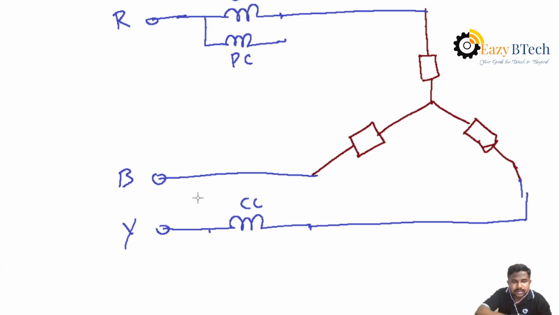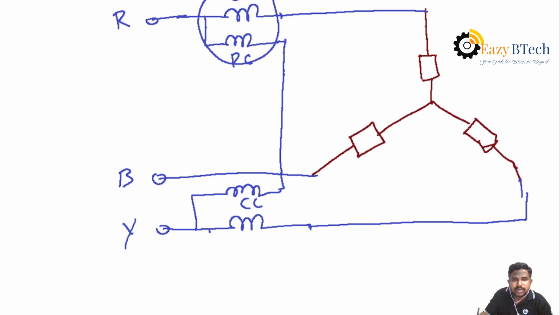That is, the pressure coil of the second wattmeter is joining with phase B, and the pressure coil of the first wattmeter.